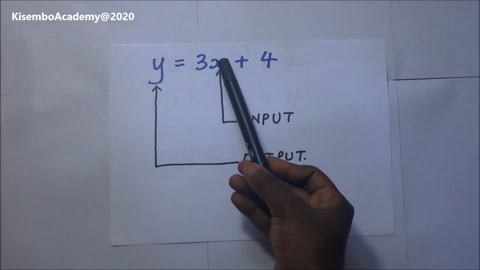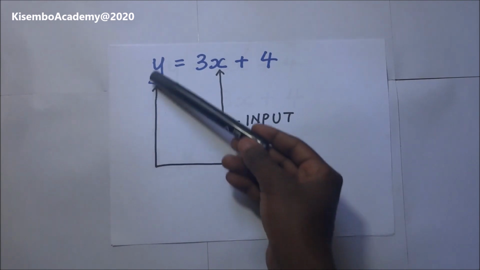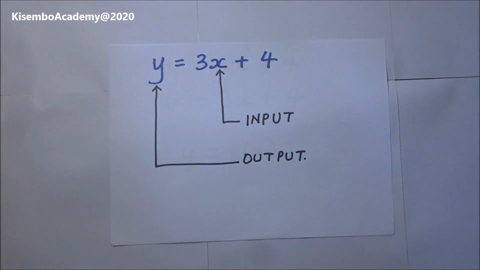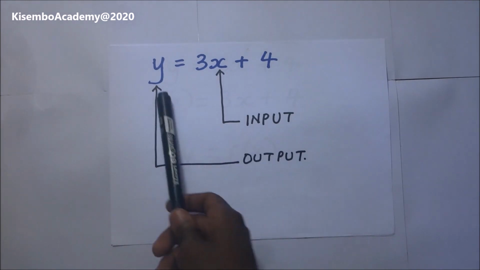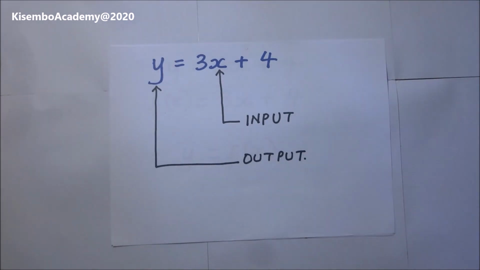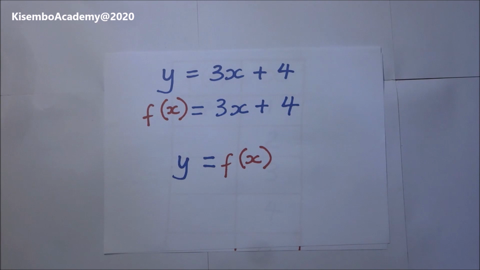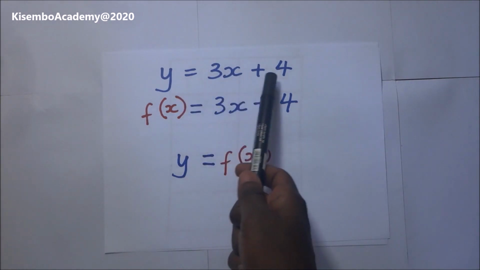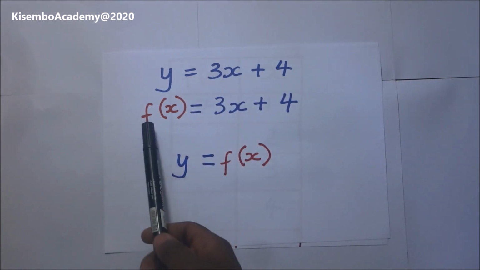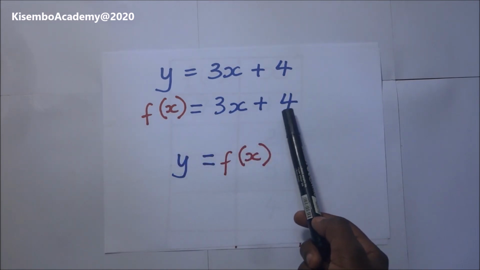Of course, this value of x is what we call the input, and this value of y is what we are calling the output. Now, this is just a straight line equation that we are calling a function. We can also represent functions in another way. This is what we call function notation. What we were calling y is equal to 3x plus 4 can be represented as f(x) = 3x + 4.